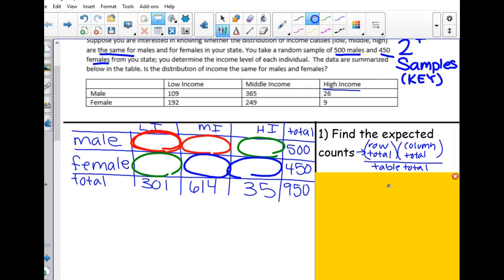Kendra, do you have them? The first one I got 158.4. 158.4. Okay, the next one? 323.2. 323.2. Yeah, I just rounded up. That's fine. We can round to the tens, that's fine. Who did green? Oh, I did. Okay. 18.4. 18.4.